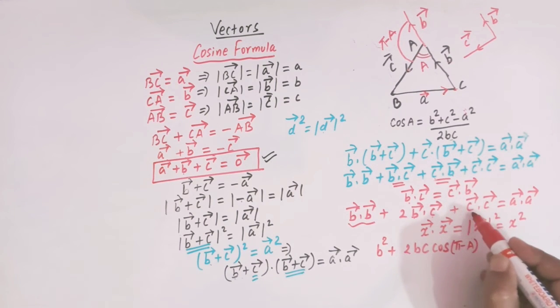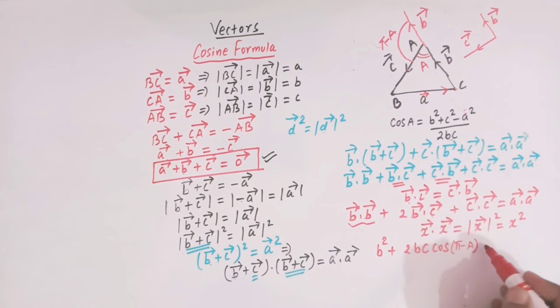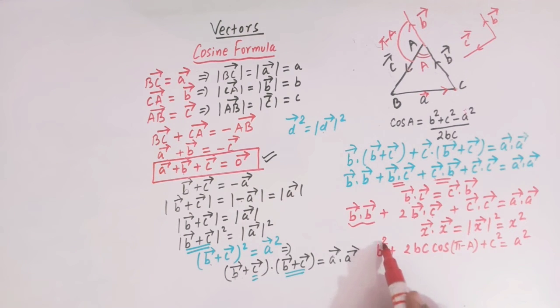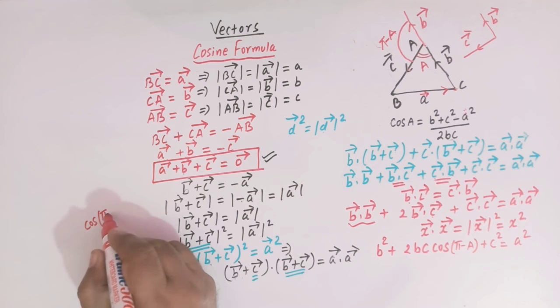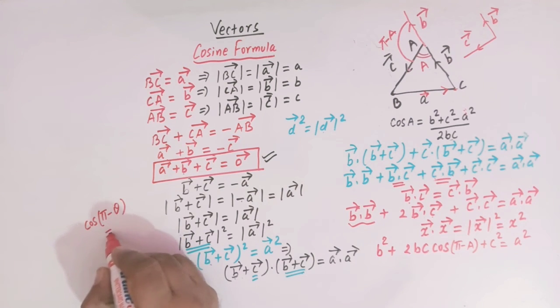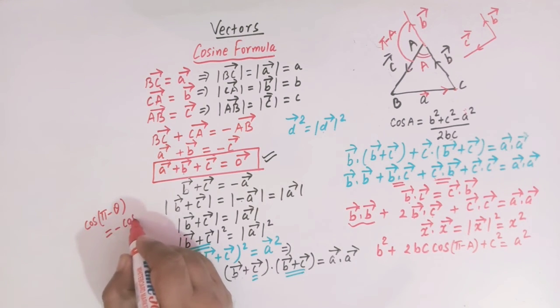And here we have c dot c, that is simply equal to c square, and a dot a, that is simply a square. So now we have b square plus 2bc cos(pi minus a) plus c square is equal to a square. From trigonometry we use the result cos of pi minus theta is equal to minus cos theta.